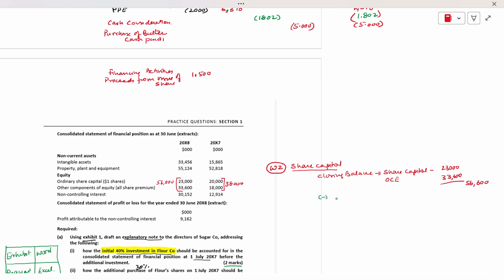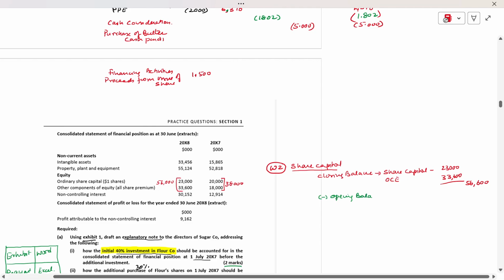Now from this, what you have to take? You have to take the opening balance. Opening balance is how much? Share capital is 20,000 and OCE is 18,000.